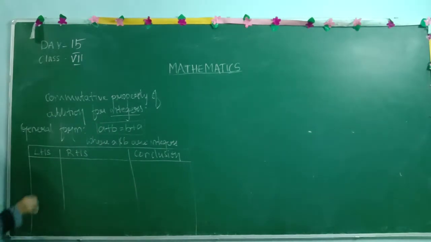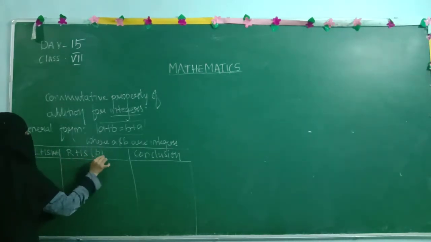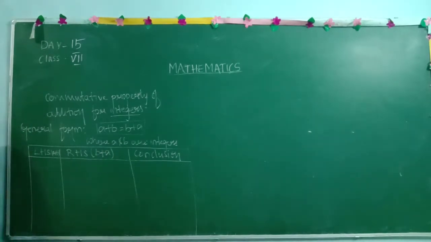What is there in the LHS part? In LHS we are having a plus b and in RHS b plus a. In the conclusion, we need to say whether they are commutative or not under whatever operation we are performing. Here we are performing addition, so you need to take any two integers.